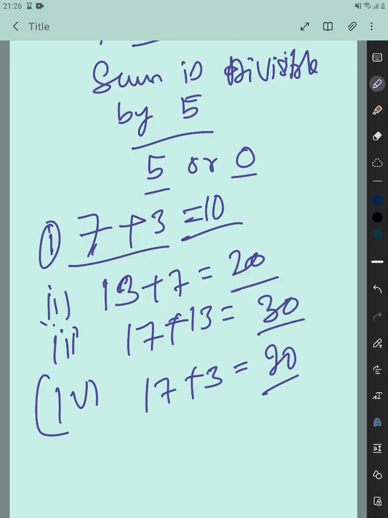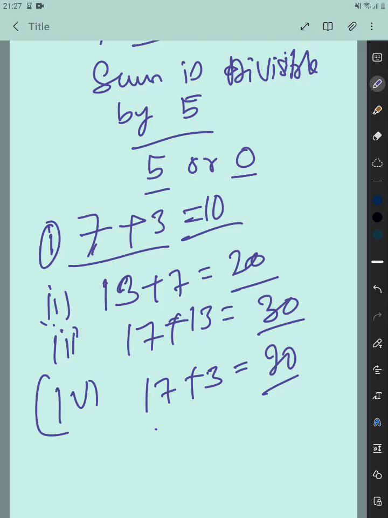So 13 and 11 cannot be taken. With 11, 9 cannot be taken. 19 we cannot take because it requires 1. 13 and 7 we have already taken. And 11 and 7 is not divisible by 5.